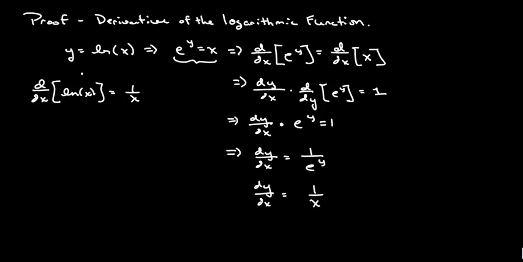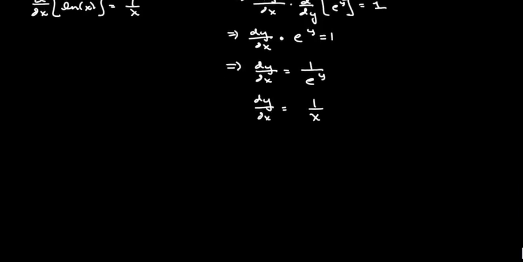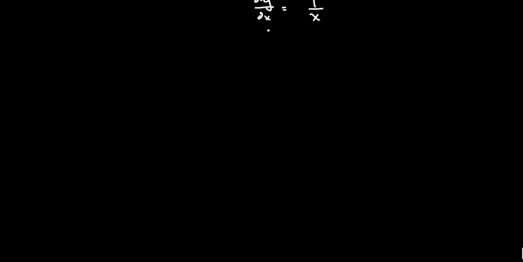So we now have this derivative for the logarithmic function. Now let's go ahead and look at what if we have a base other than e. So let's say, for example, we've got y is equal to log base a of x, and we want to find its derivative. Well, we're going to use the same trick here.